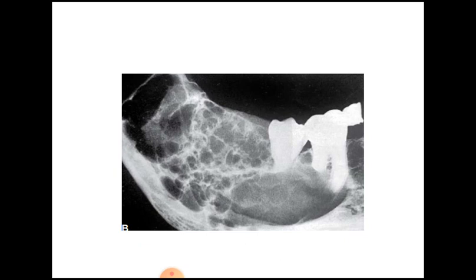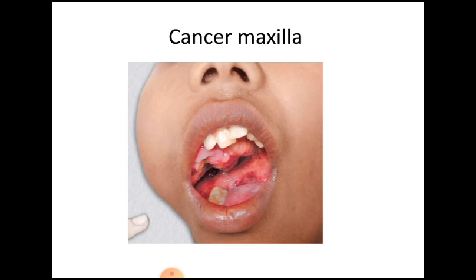This is the picture of osteoclastoma. This is a picture of the soap bubble appearance, a multilocular cyst with equal loculations. Note the separation of the teeth and losing of the teeth in this X-ray of the adamantinoma.